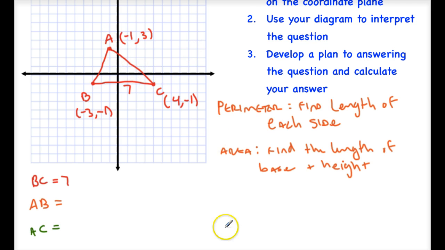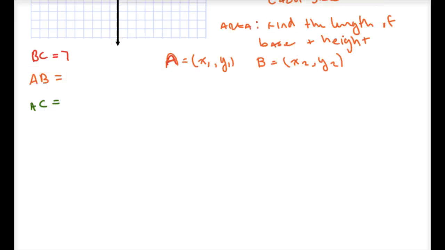In orange, let's consider A our point 1, so A is x1, y1, and B is going to be point 2, so we'll call that x2, y2. Now we're going to find the distance using the distance formula.